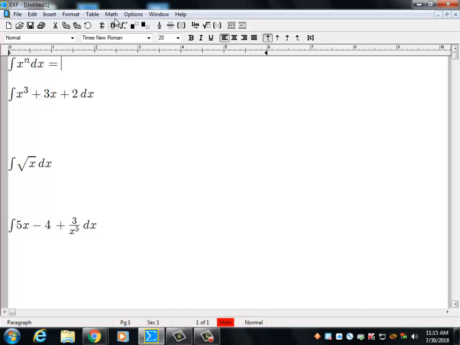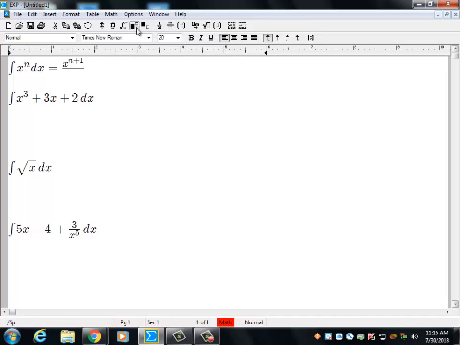But we created this rule that said this was equal to x raised to the n plus 1, and then we divide that by n plus 1. So the rule was, whatever exponent you have, add 1, and then copy and paste it from there to the bottom.